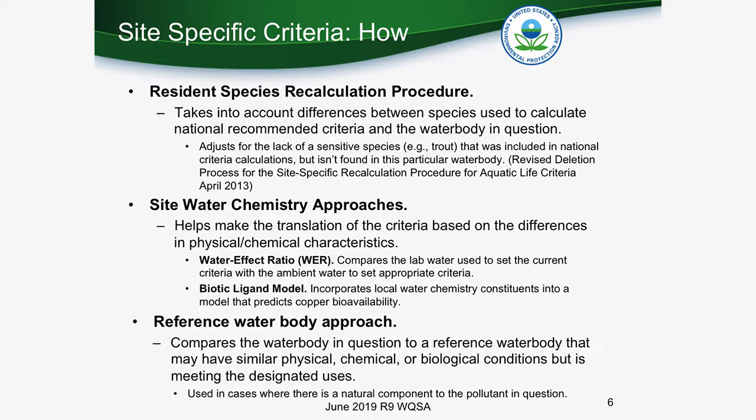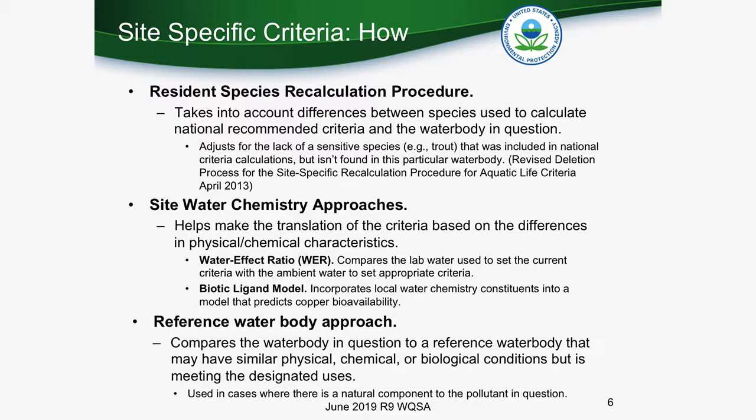I will also say that there has been some mischief with water effect ratios. And so if it's greater than 5, we're going to have sort of a jaundiced look at it, okay? And so what we encourage folks who are doing water effect ratios is to, while you're out there, collect the data to run the biotic ligand model, and we'll compare those two. Does that make sense? All right.